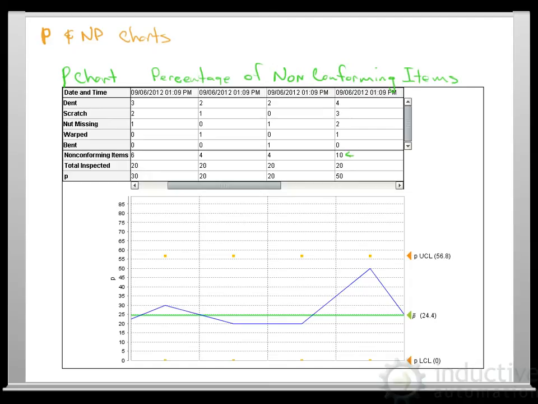We see that we took a sample of 20, but instead we see a 50 here. And this is really a percentage of non-conforming items divided by inspected.